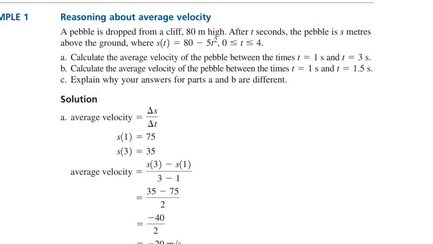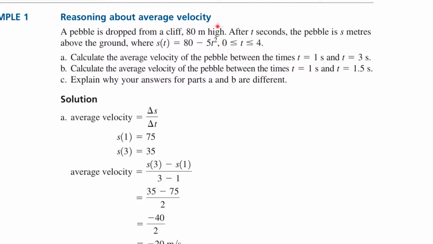Let's assume a pebble dropped from a cliff 80 meters high. After t seconds, the pebble is s meters above the ground, where s of t equals 80 minus 5t squared, and t is between 0 and 4.